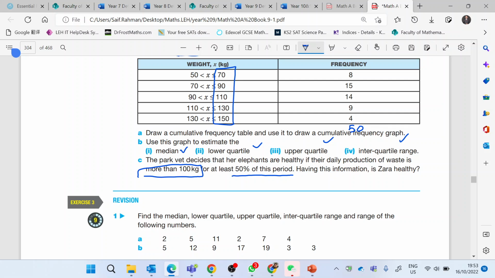And you have to see that 100 kg. Okay, so daily production of waste is more than 100 kg for at least 50% of this period. So for 50% of this period, you can just draw a frequency table, right? And then put the frequencies here and put the weight here. 150 is the maximum from 0 and 50 is here.